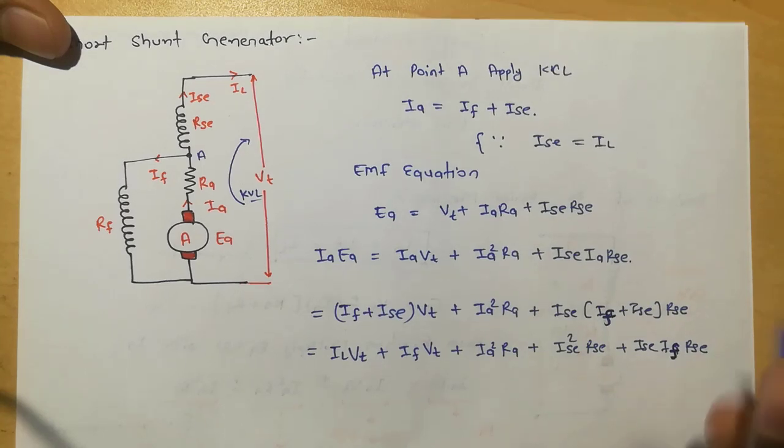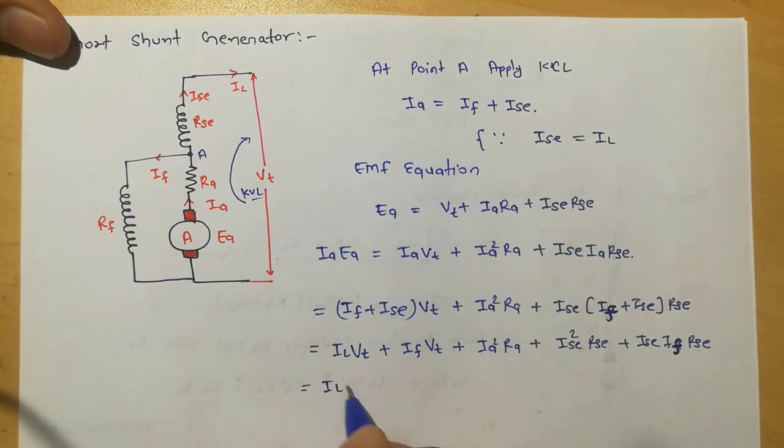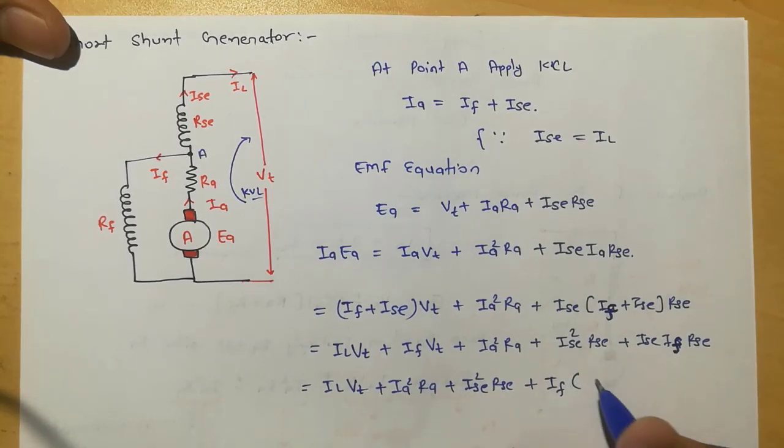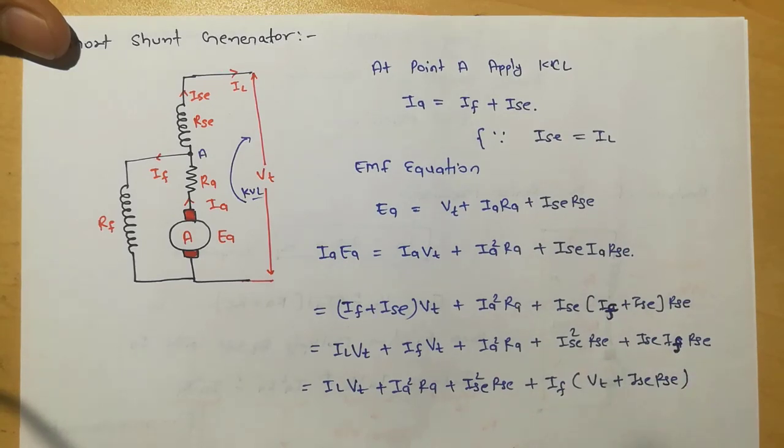Now take If common from here. We get IL Vt plus Ia square Ra plus Ise square Rse plus If times (Vt plus Ise Rse).